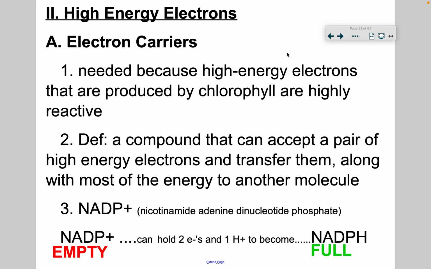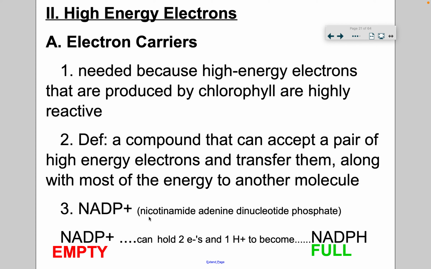Electron carriers are needed because these electrons that pick up the energy from the sun have a lot of energy to them. They're highly reactive. The definition of an electron carrier is a compound that can accept a pair of high energy electrons and transfer them, along with most of the energy, to another molecule. The electron carrier that we're going to focus in on in photosynthesis is called NADP+.